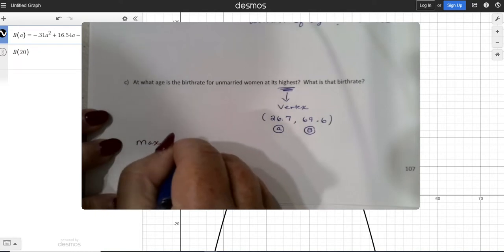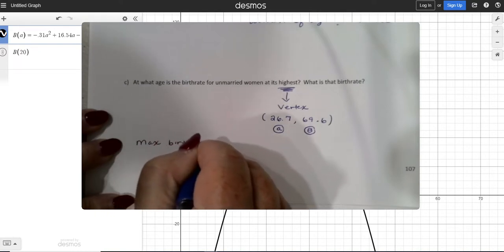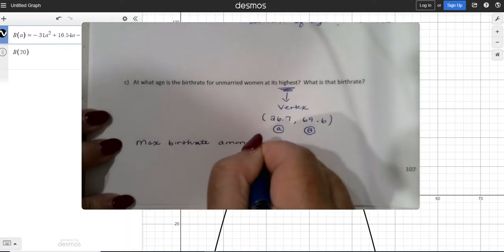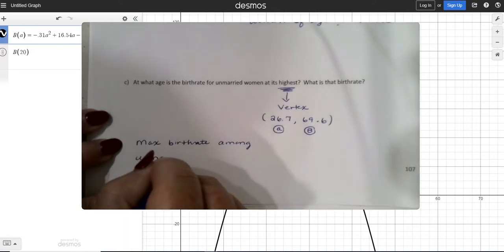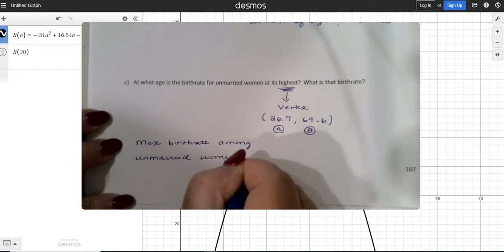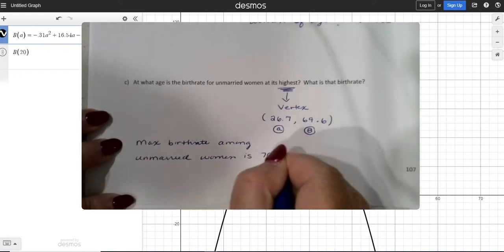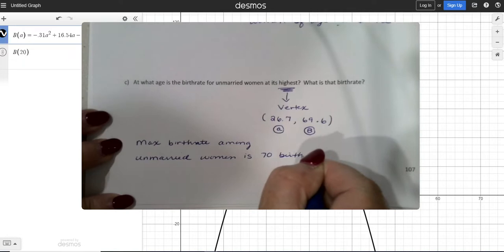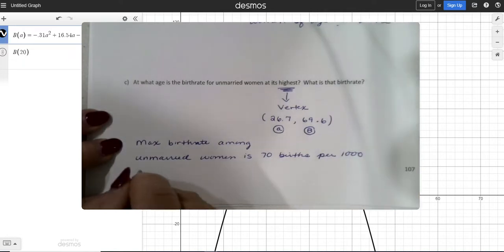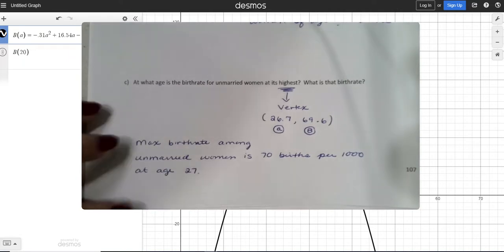Maximum birth rate among unmarried women is about 70 births per thousand at approximately age 27.